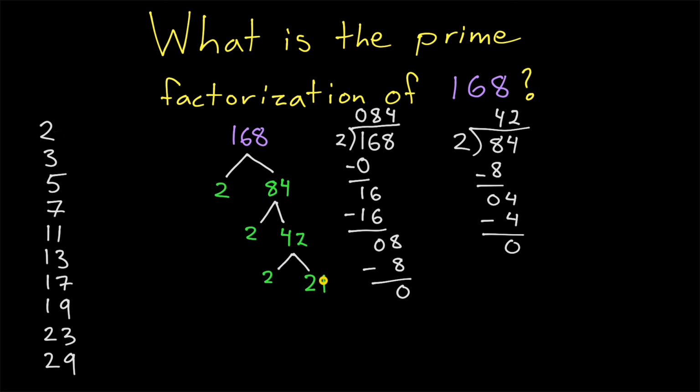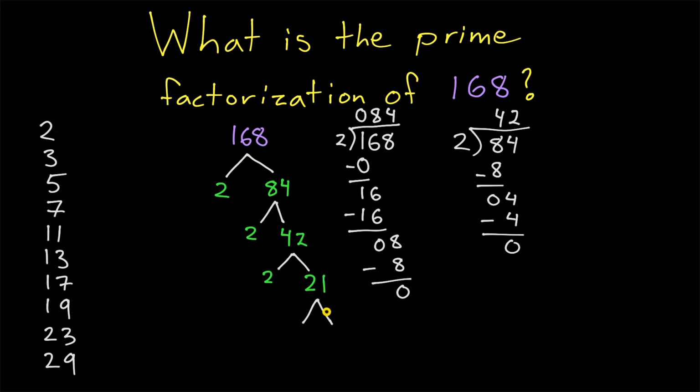No, this is not our prime factorization, because even though 2, 2, and 2 are prime numbers, 21 is not a prime number, and you can verify this by looking at our list of prime numbers. These are the first 10 prime numbers, and 21 is not on the list, even though the list goes as high as 29. Therefore, we know that 21 is not a prime number, and therefore it can as well be factorized.